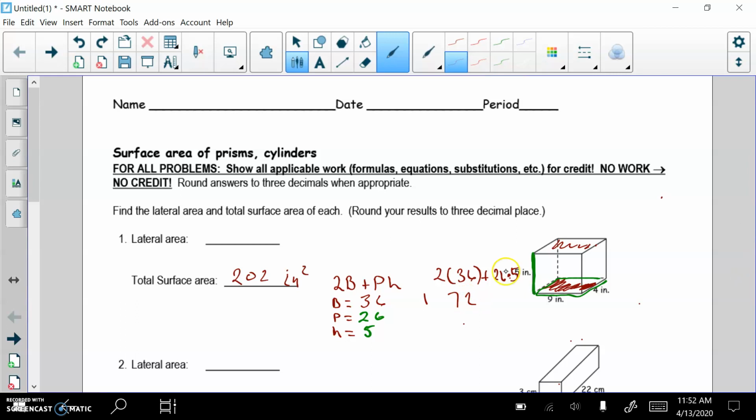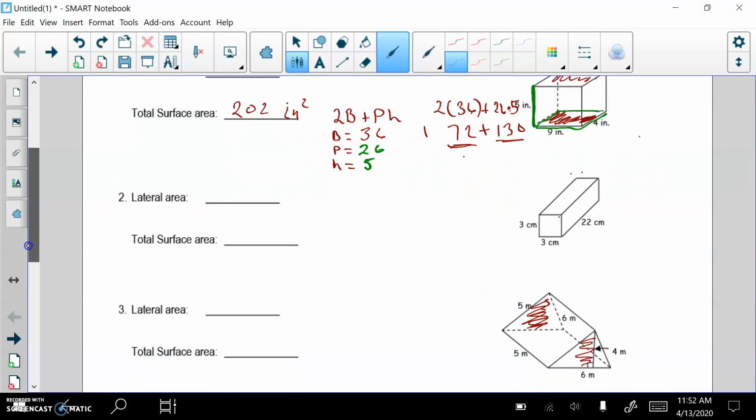Well, 26 times 5 is 130. So this 72 represents the area of the two bases. This 130 represents the lateral surface area, so I really don't have to calculate that out. 130 square inches. Not bad.